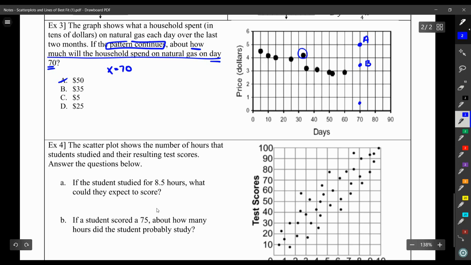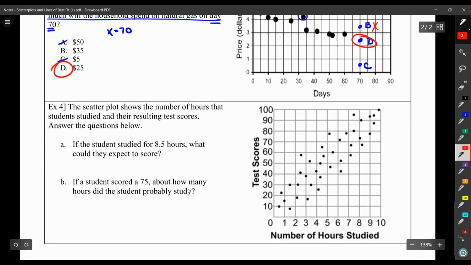Well, that would be here, and that's way too low. That's definitely not going to be it. And then letter D is 25. Well, that's pretty close too. If I were to look at this pattern, D is a much better fit than B. So D is probably what they're going to spend on natural gas.